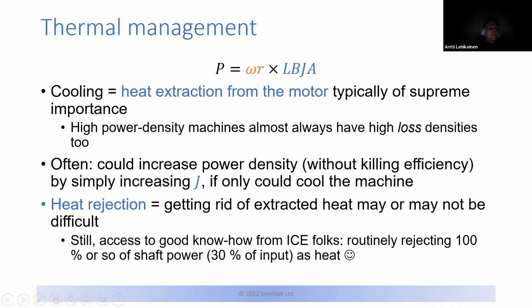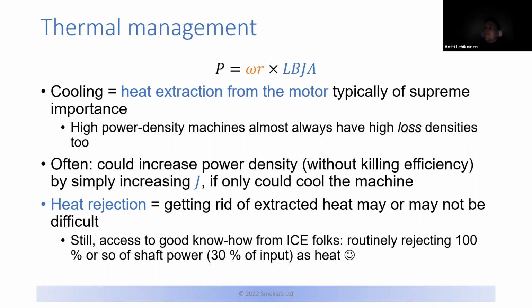The second part is the so-called heat rejection, getting rid of the heat. It can be easy, it can be hard. For instance, if you have a boat, an electric boat, it's very easy just to dump the heat into the sea or lake that you are riding. That's the easiest solution. If you have a car, it can be more difficult because you need a radiator of some kind.